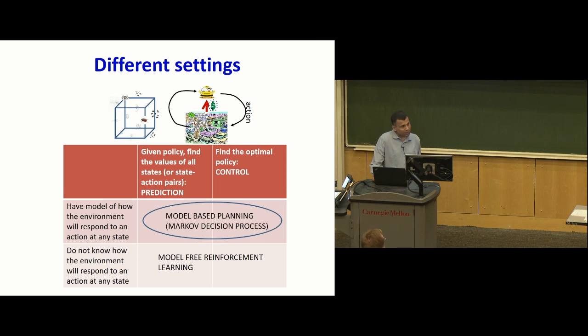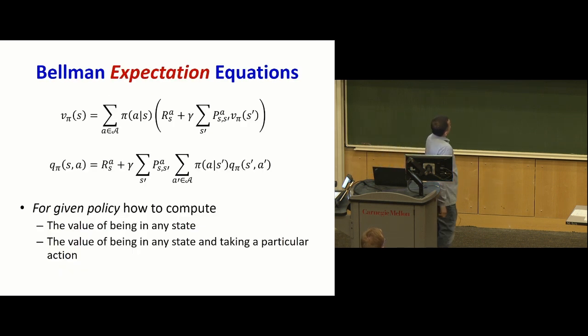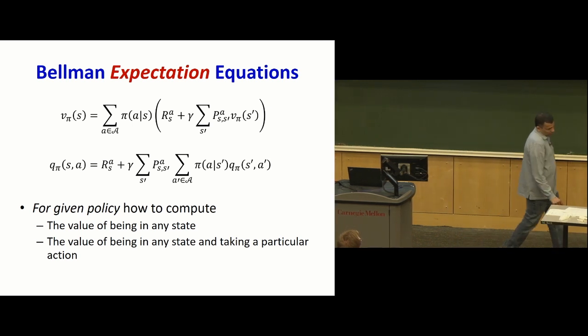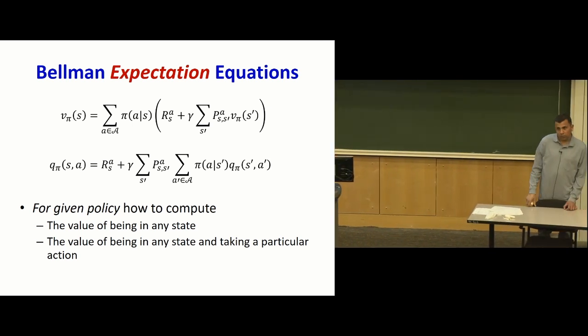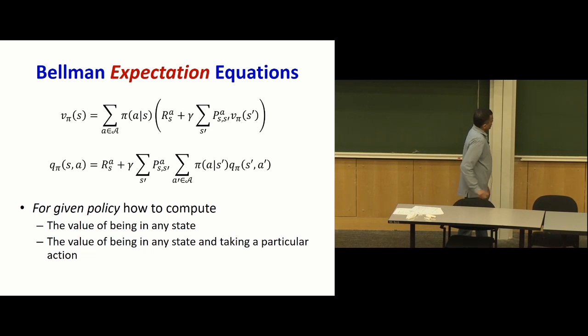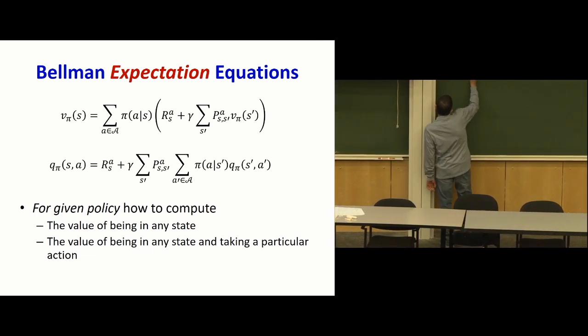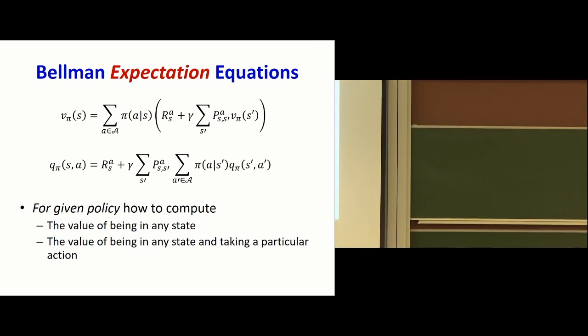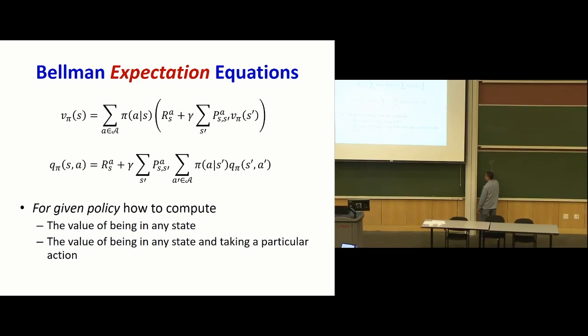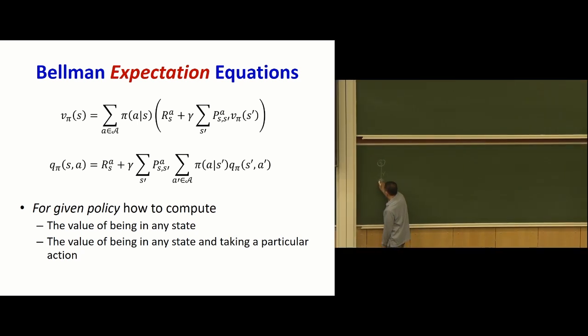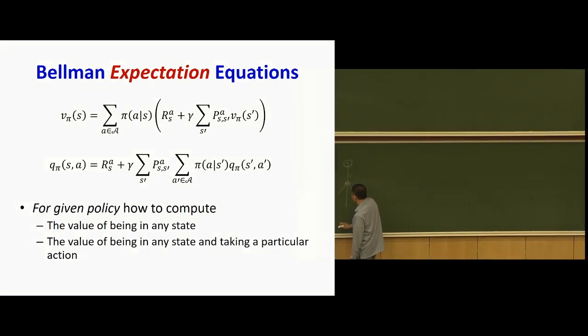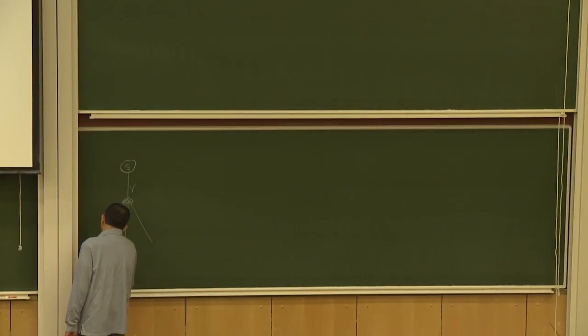The prediction problem was dealt with using the Bellman expectation equation, where if you had any state, you took an action and got a reward. And then from there, you had a choice of different states that you could go to.